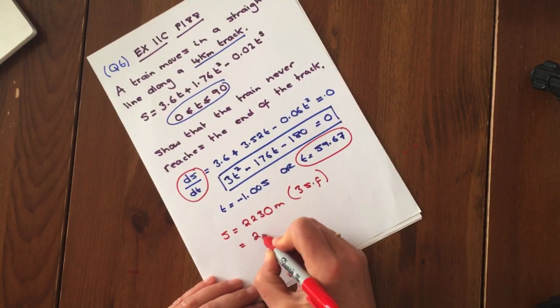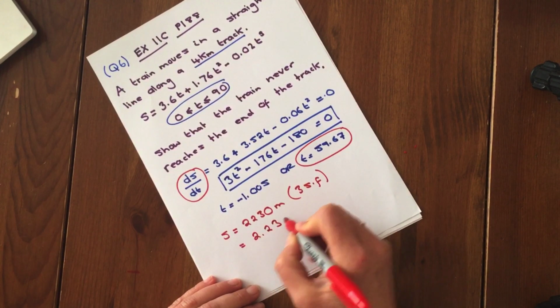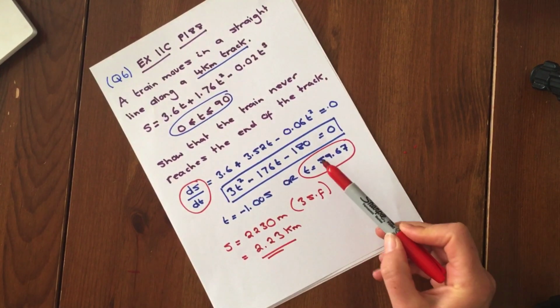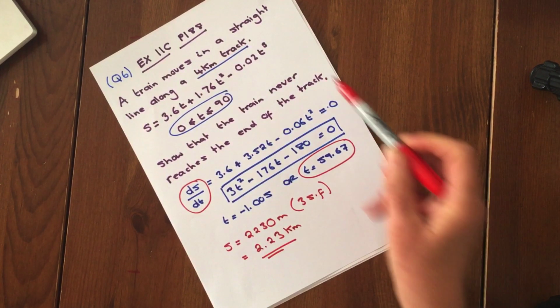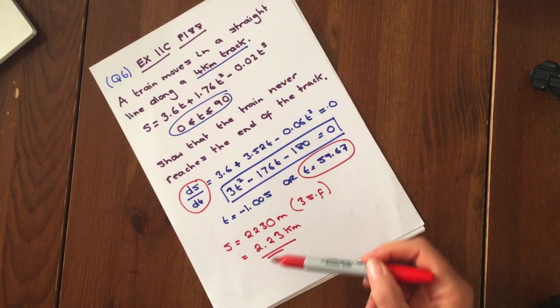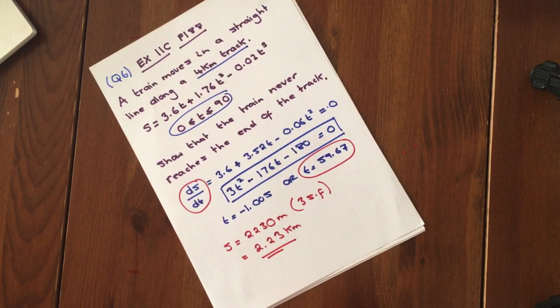Or if I change that to kilometers, 2.23 kilometers. So to get that, just to recap, I put my value of t back into the original equation for S. You just check that, and that's the answer you should get.